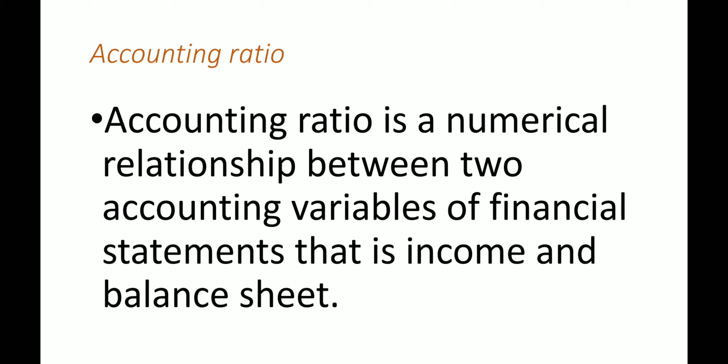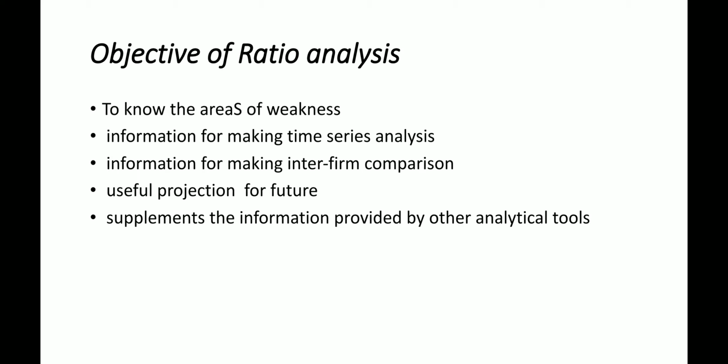Thus, accounting ratio is a process of studying the financial statements by using ratios on the income statement and balance sheet of the business entity, so that meaningful conclusions may be drawn in respect of operating performance and financial soundness of the enterprise. Okay, so what are the objectives of ratio analysis?